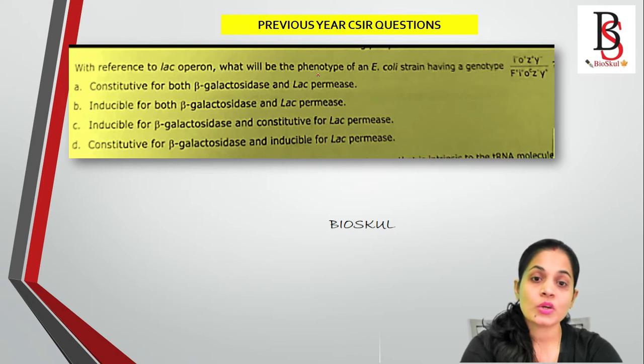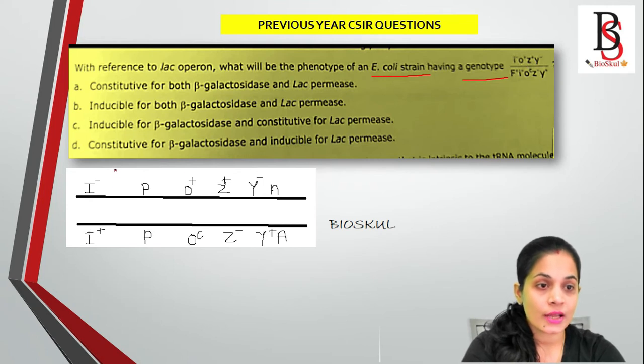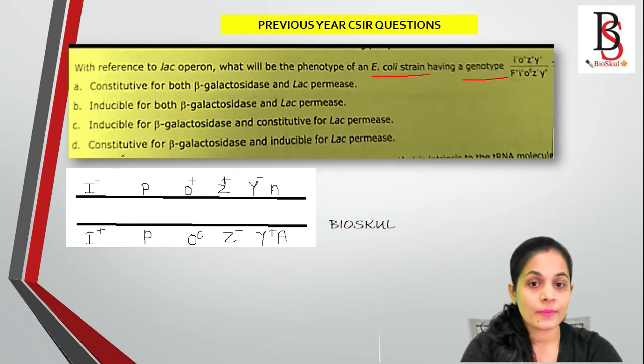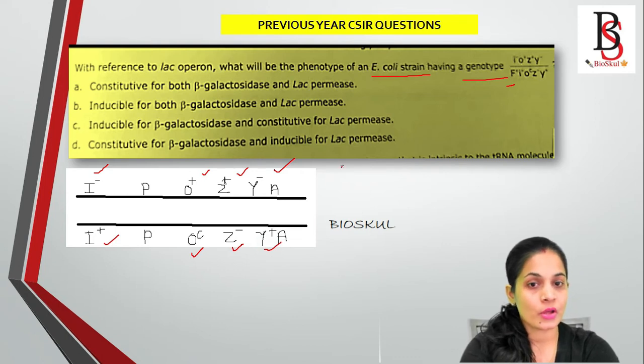First question: with reference to the Lac operon, what will be the phenotype of an E. coli strain having the given genotype? See, the genotype is I minus O plus Z plus Y minus, and in the F prime factor, the genotype is I plus O^C, that is the operator region is mutated, Z minus and Y plus.